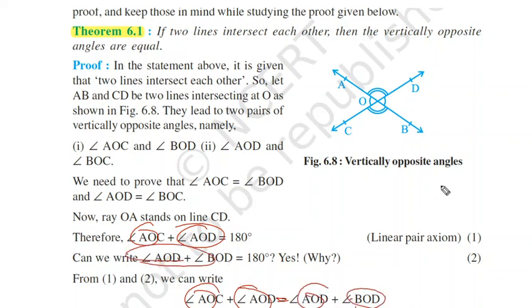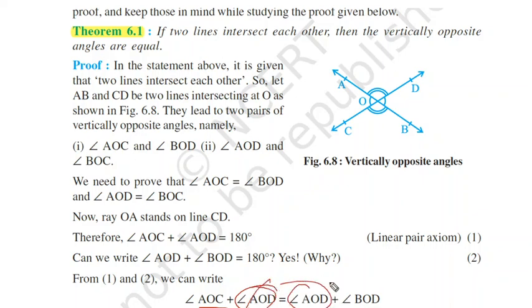Now you can see clearly, in both the LHS and RHS, angle AOD and angle AOD are common, therefore you can cancel them. Now what remains? Angle AOC equal to angle BOD.